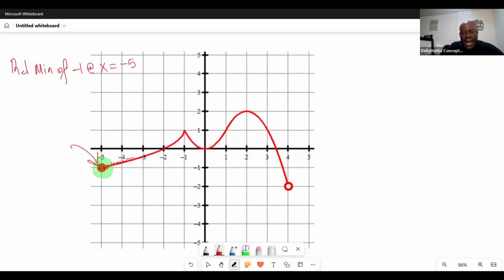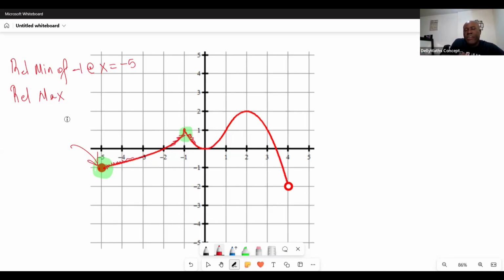Now let's take a look at this other point right here. Obviously it's not the highest point on our graph, so it has to be a relative max. If you look to the immediate right of it, we have values that are lower than this point. And if we look to the left, we have values that are lower than it.